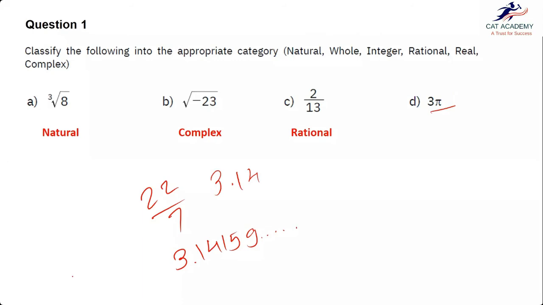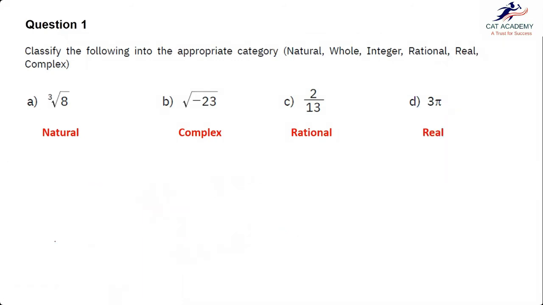Okay? Very good, Pushkar. And since it is irrational, I can call it real because irrational is not mentioned as a category. So I'll say natural or whole or integer or rational, real, complex. These are mentioned as categories. So I will go for the broader one. Okay.